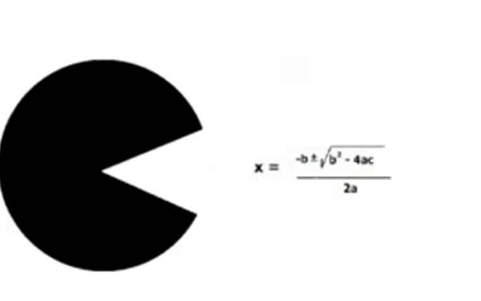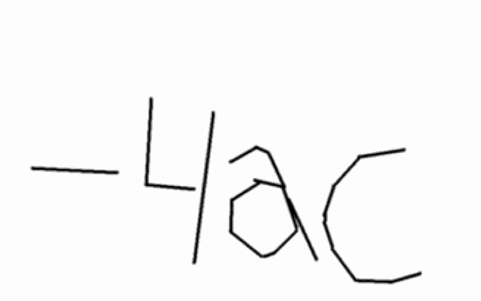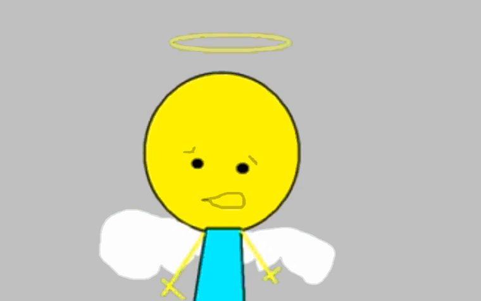Quadratic formula. And it's -b plus or minus the square root of b squared minus 4ac over 2a. Now my life is over. I've seen all that I can see.